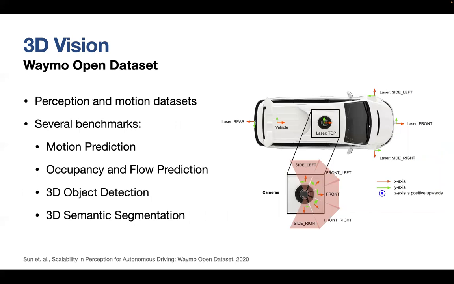The dataset used in this work is the Waymo Open Dataset. The Waymo Open Dataset has perception and motion datasets. And as the professor mentioned, it has several benchmarks and challenges: the motion prediction challenge, the occupancy and flow prediction challenge, the 3D object detection challenge, and the 3D semantic segmentation challenge.